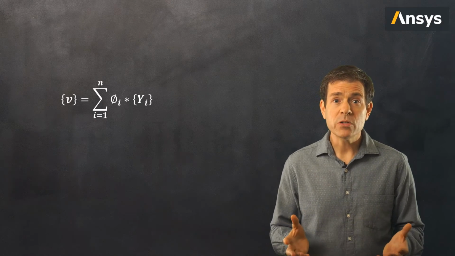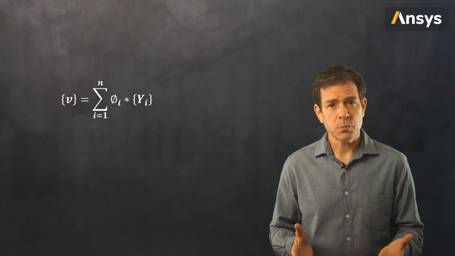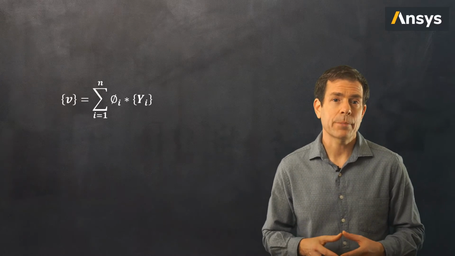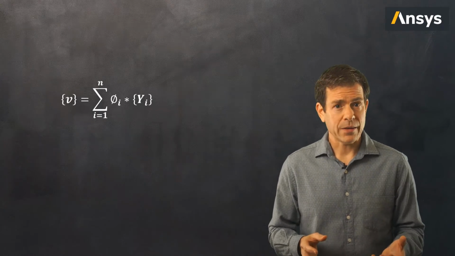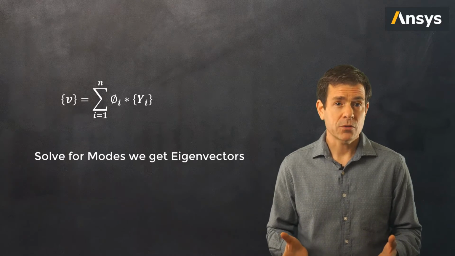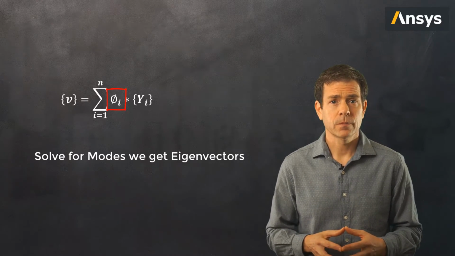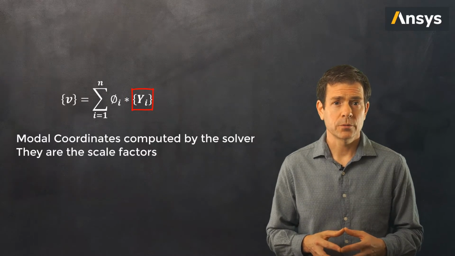Now, how many modes need to be included all depends on the complexity of the displacement shape that we are trying to capture. So the first step in the mode superposition method is to solve the modal analysis and have the eigenvectors or mode shapes available. Next, the modal coordinates y are computed by the solver.